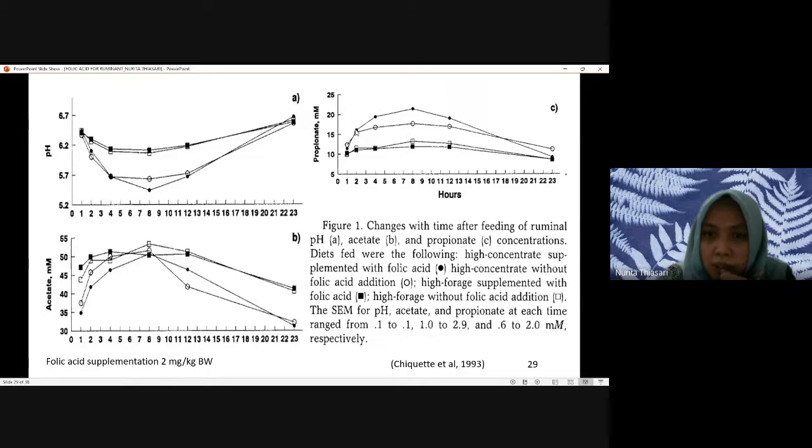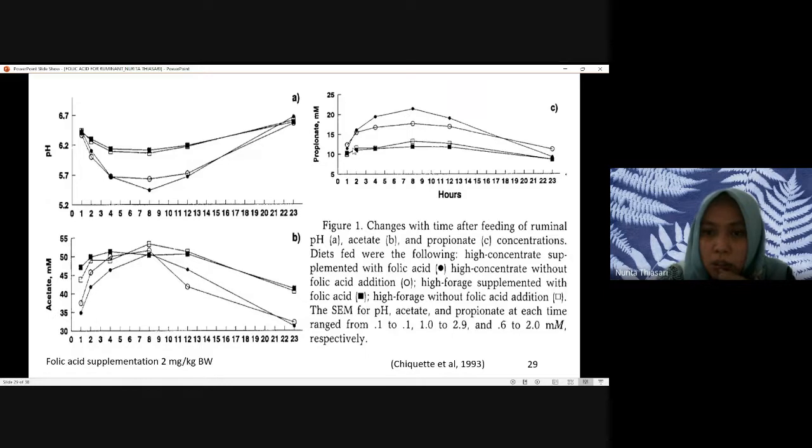As I mentioned before, if there is an increasing number of bacteria with the increasing of folic acid, then the bacteria will produce more propionate in the high concentrate diet.